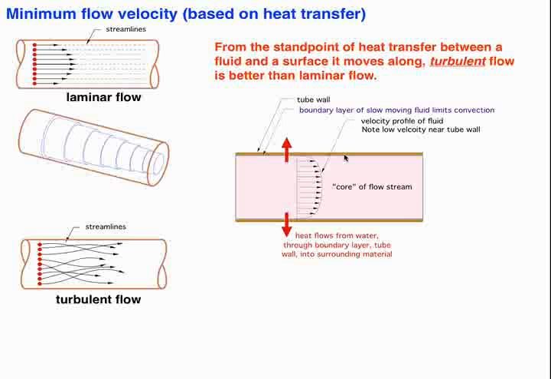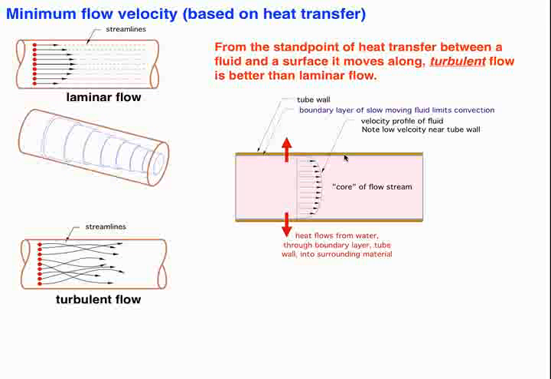The way we make the boundary layer thin is basically to create turbulent flow, because as those fluid molecules come up near that wall of the pipe, if they're moving in a very haphazard way, it's sort of like sandblasting on the inside of the pipe. They're going to thin the boundary layer, and that's going to improve heat transfer.